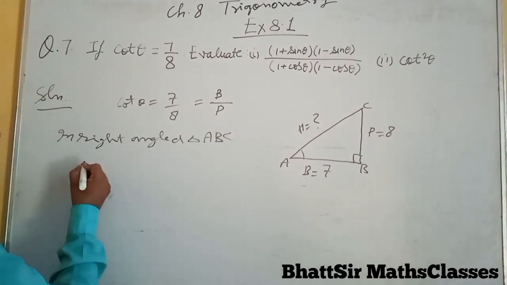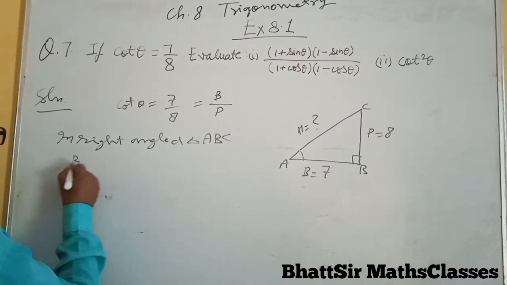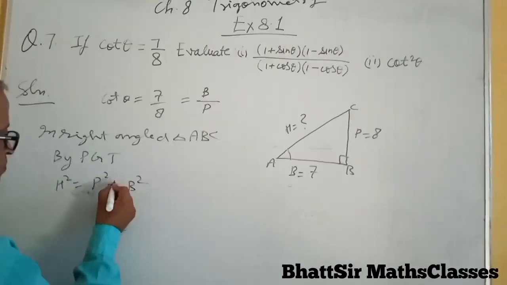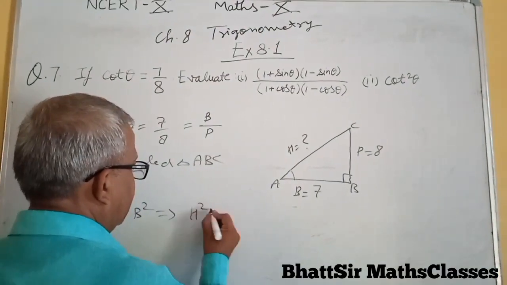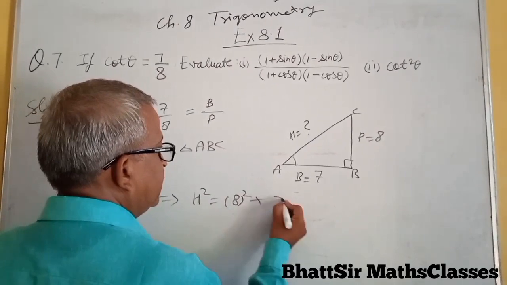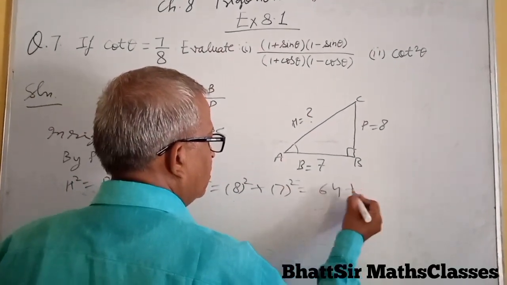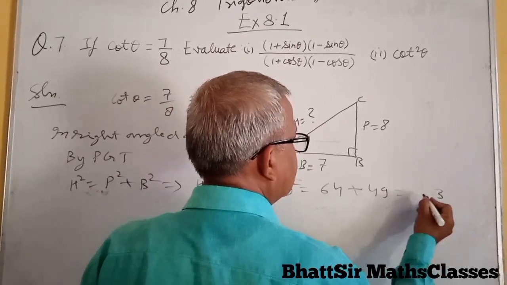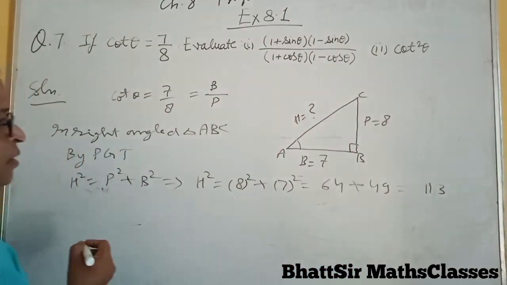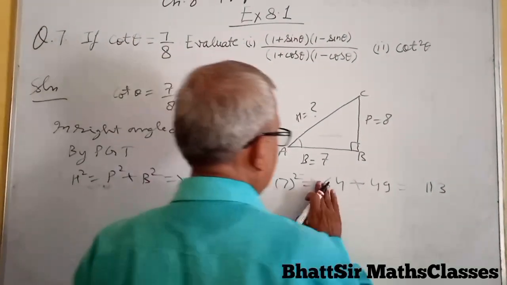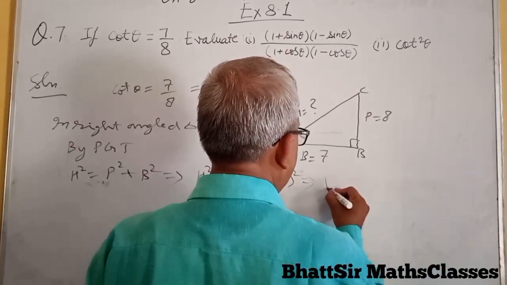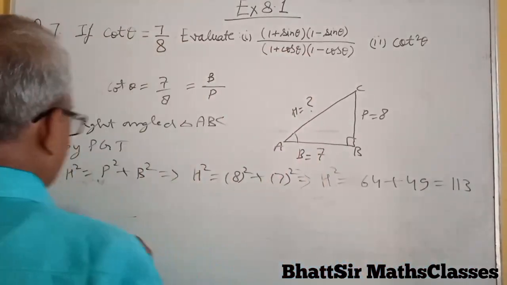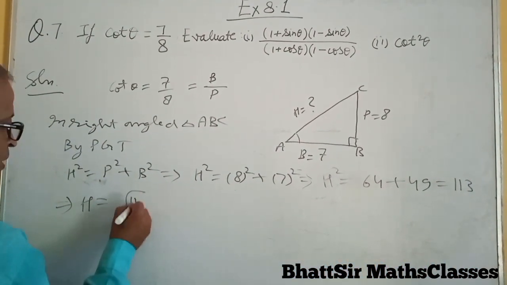In right angle triangle ABC, by PGT, H square equals P square plus B square, implies that H square equals 8 square plus 7 square. 8 square is 64 plus 49 is 113, implies that H square equals 113, implies that H equals under root 113.